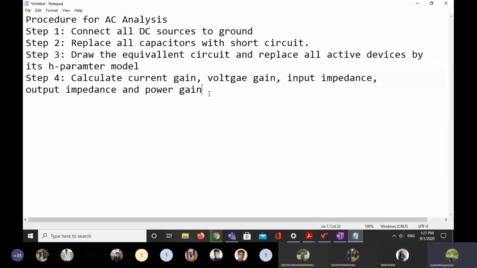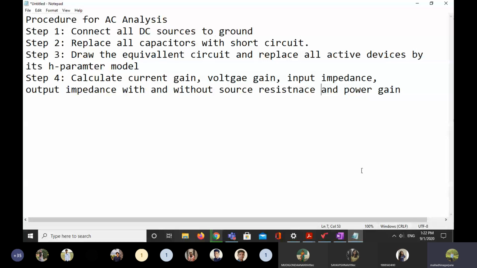And step 4 is to calculate current gain, voltage gain, input impedance, output impedance, with and without source resistance, and finally power gain. So these are the 4 steps that we need to follow to do the AC analysis.